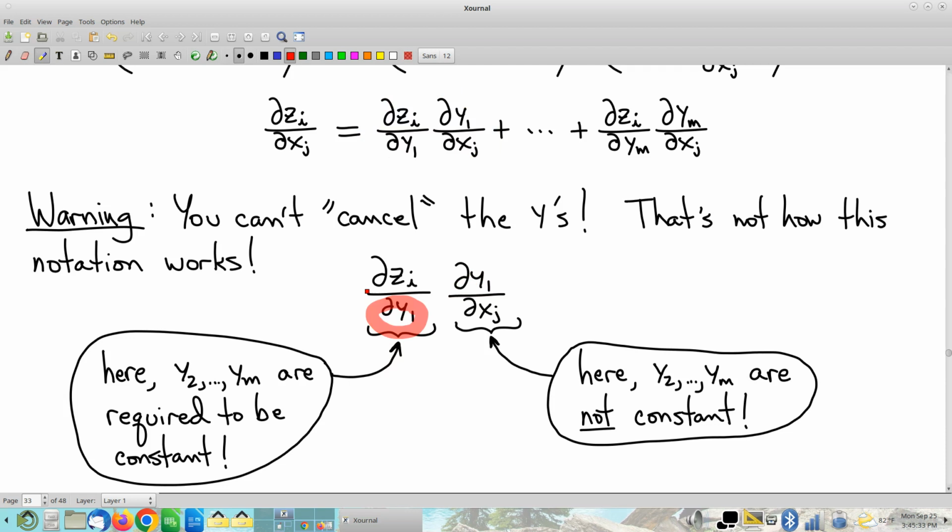This partial y1 in the denominator that I would kind of like to cancel with this over here is part of a story, and this partial y1 over here is part of a different story. It's a completely different scenario. So even though, tragically, we use the same notation to represent these two things, they're in completely different scenarios. They're just not the same thing.